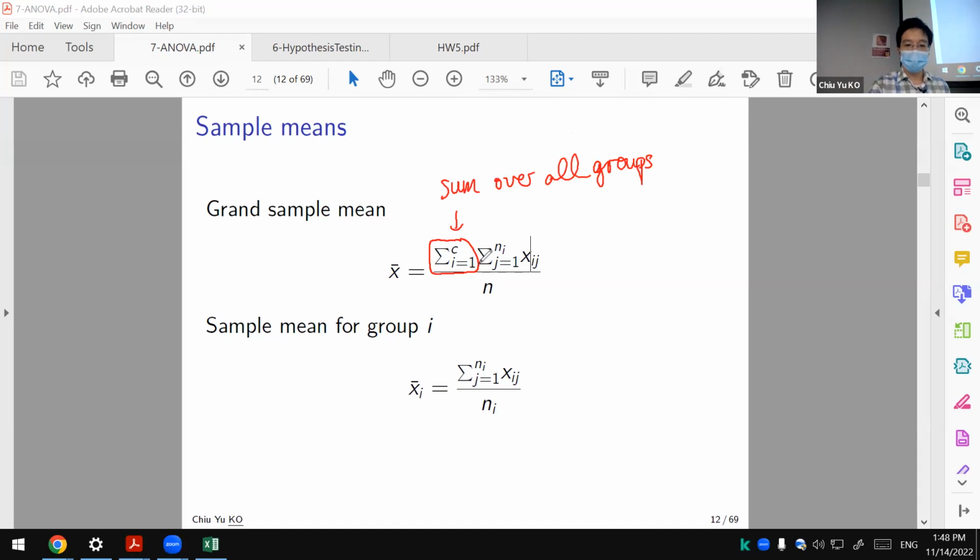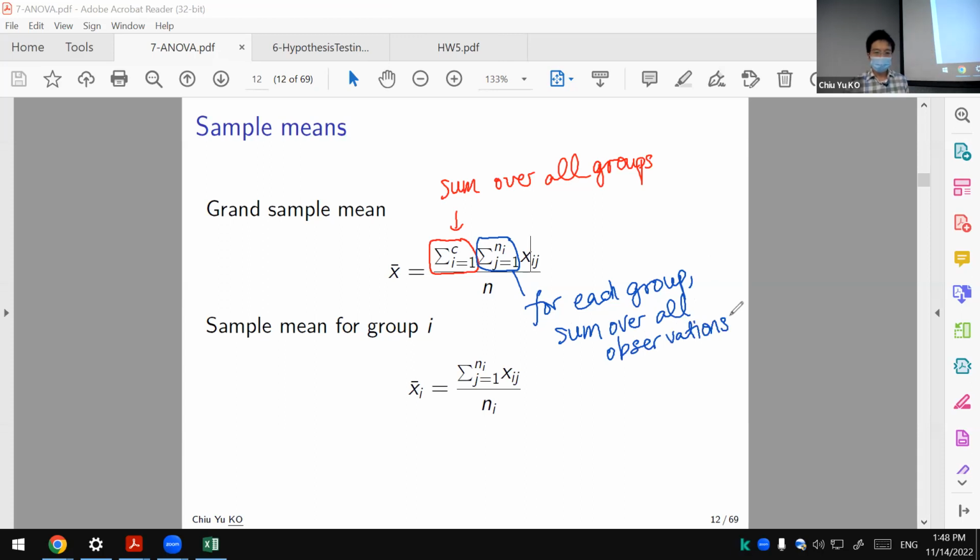The second one holds each group and sums over all observations, from 1 up to n_i.